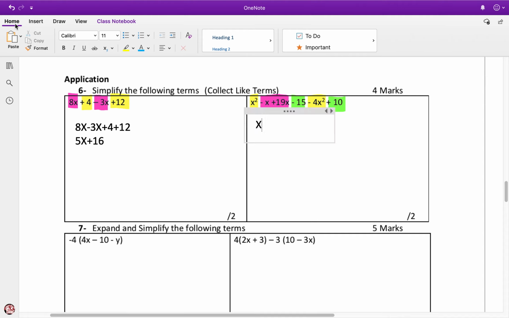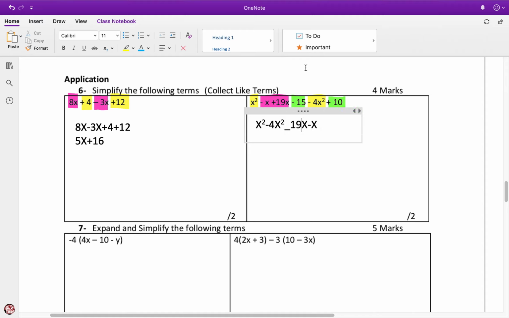So this is x squared, minus 4x squared. Then we have plus 19x minus x.